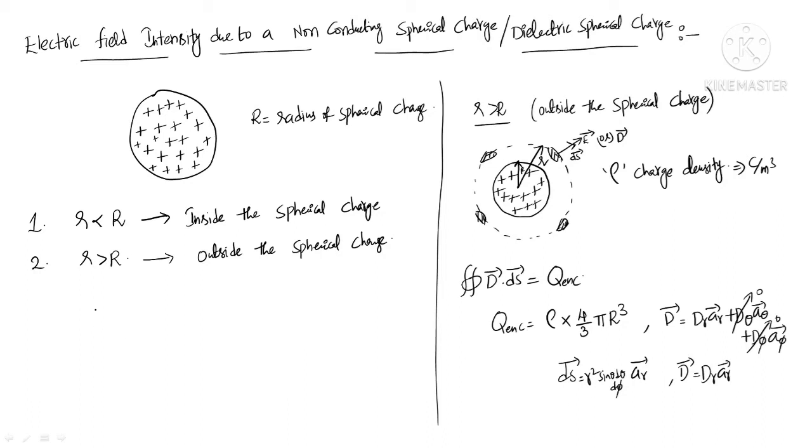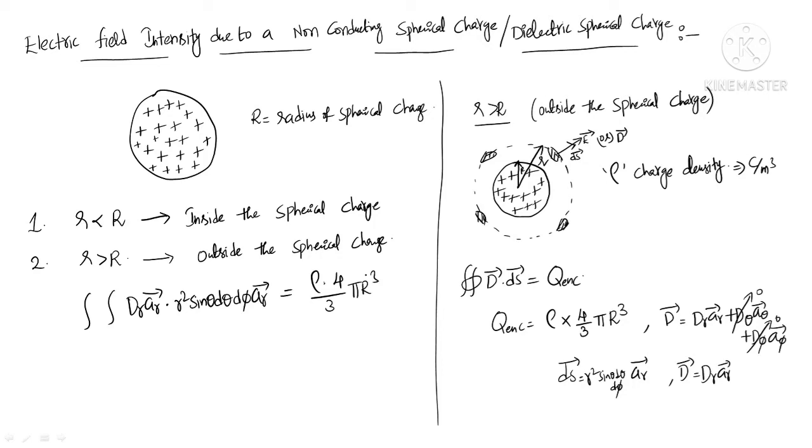Let me write here itself. So it is the surface integral of D_r into ar bar dot ds bar, which is r square sine theta d theta d phi ar bar, and it is equal to Q enclosed, which is rho into 4 by 3 pi into R cube.